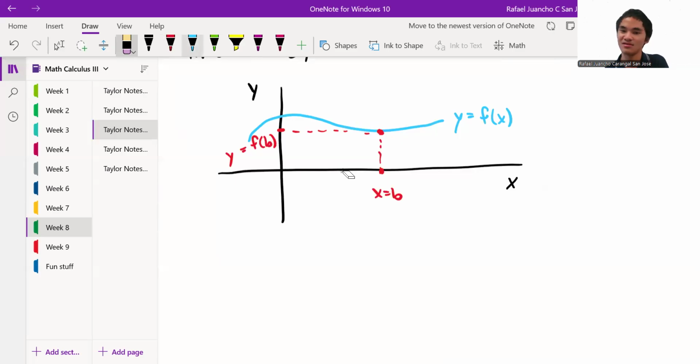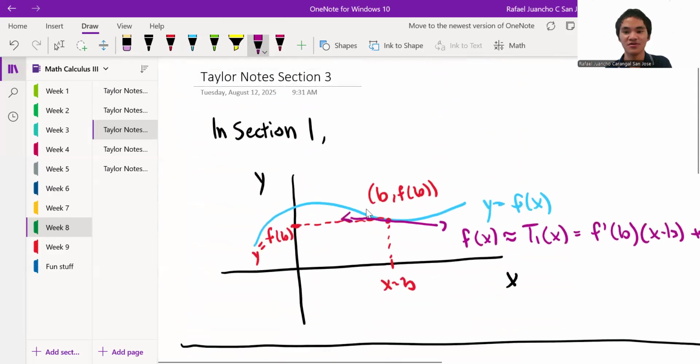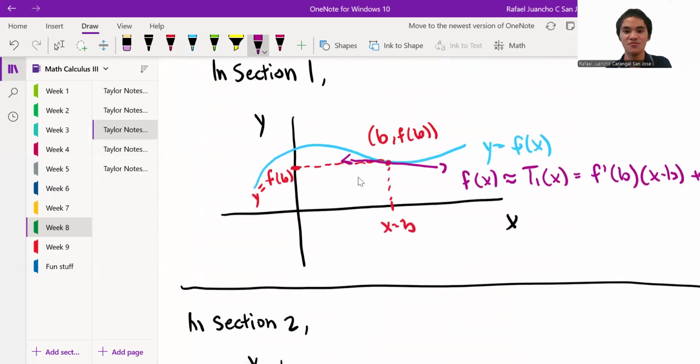Let me write it this way: b, f of b. There we go. And so now what's the difference with our approximation? Because we can't really approximate using lines forever, right? There are more accurate ways to approximate these types of things.